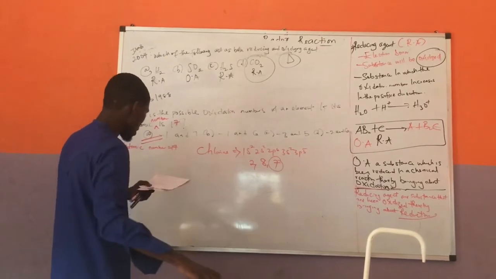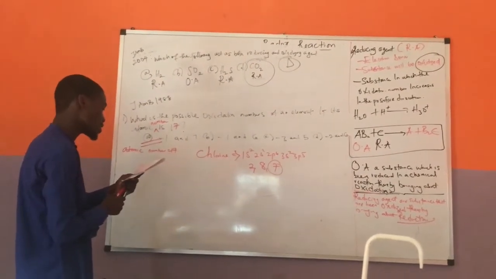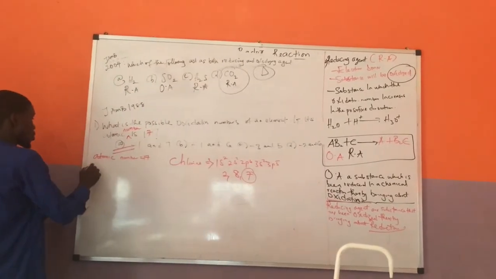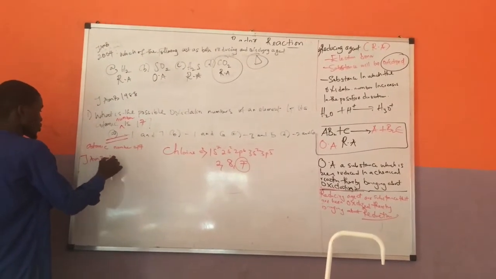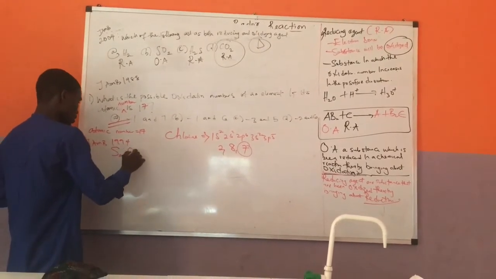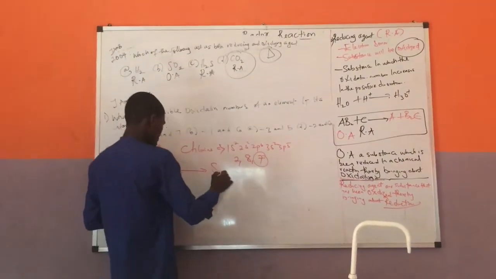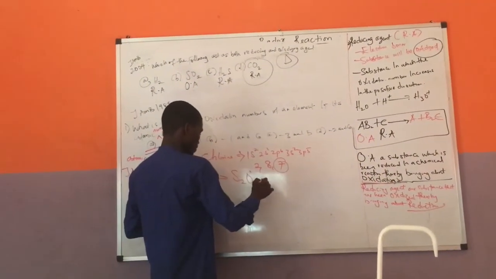So the next question is, okay, another JAMB question, 1994. We have S2O3 2-, plus this, we have S4O6 2- plus 2I-.